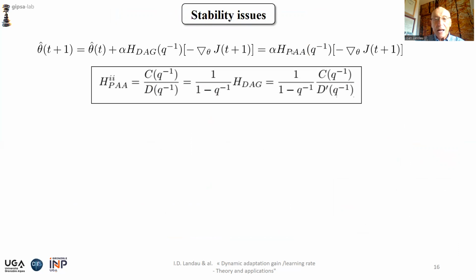We express the algorithm in this format, where HPA is called the embedded adaptation filter, and it will have the format C over D, but specifically it's a concatenation of the dynamic adaptation gain filter with an integrator.